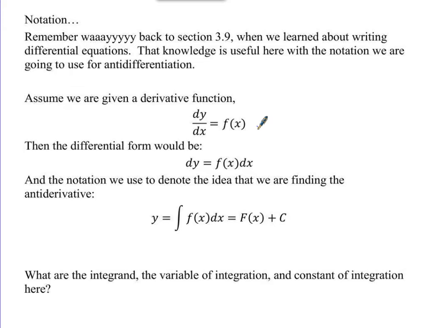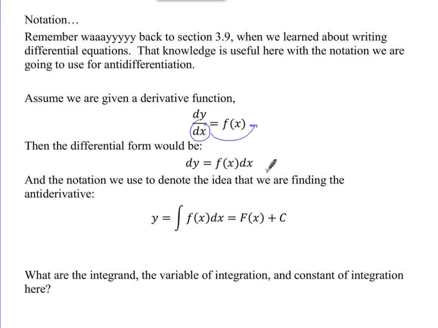So dy over dx we know is the derivative of some function with respect to x, and I'm calling it f of x. The differential would be, it's kind of like I took that dy over dx and moved it over there, right? And we talked about that. So the differential then would become dy equals f of x dx.